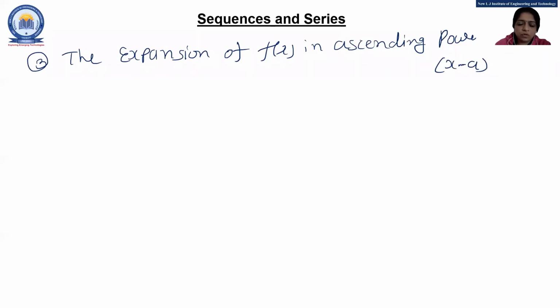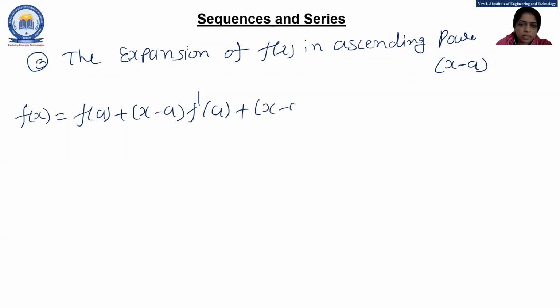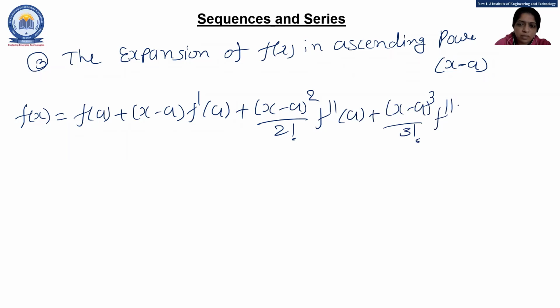This formula is important. f of x is equal to f of a, in this case we start with f of a, plus x minus a, f dash a, plus x minus a whole square by 2 factorial, f double dash a. Similarly, x minus a whole cube by 3 factorial, f triple dash a, and so on, up to the nth power and up to infinity, right?